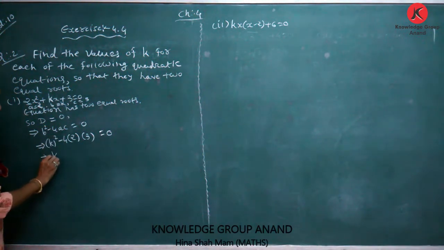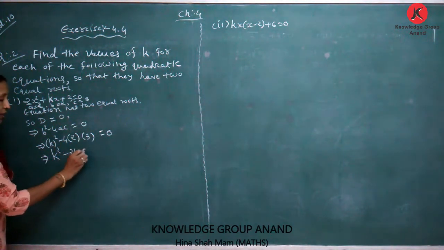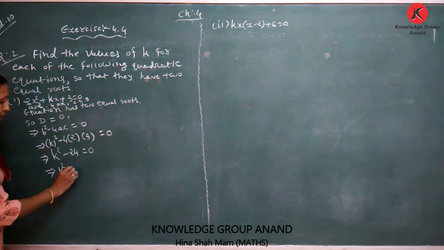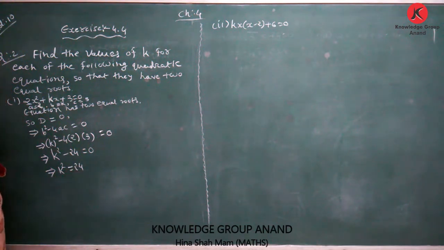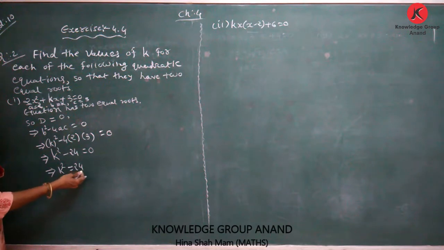The square of k is k square minus 4 twos are 8, 8 threes are 24, equals 0. K square is equal to 24. Otherwise, you can factor: k plus root 24, k minus root 24 is equal to 0.